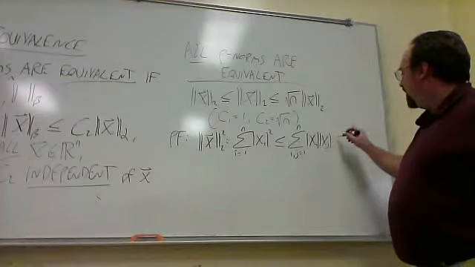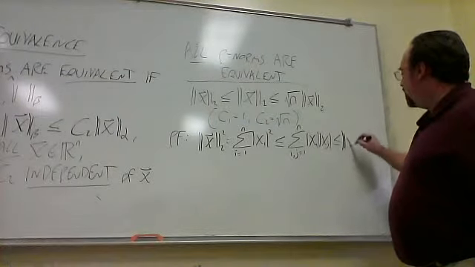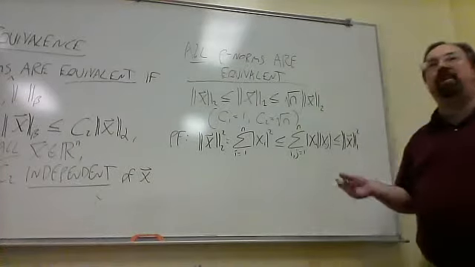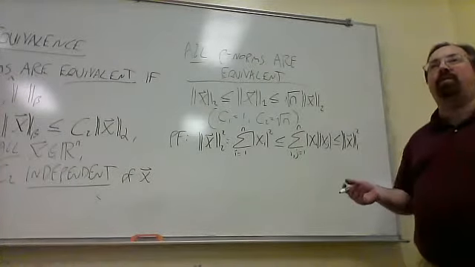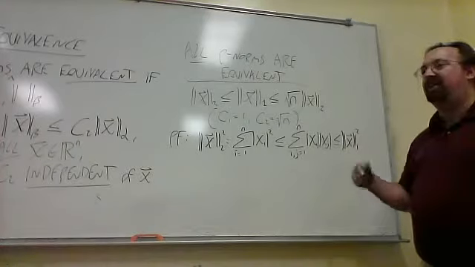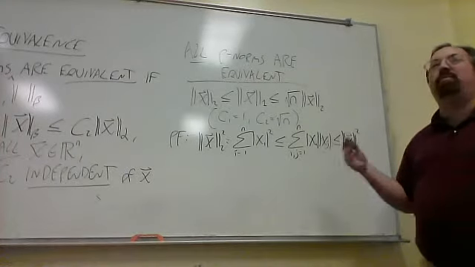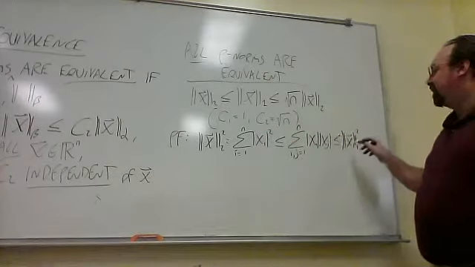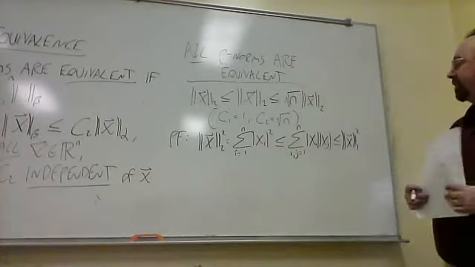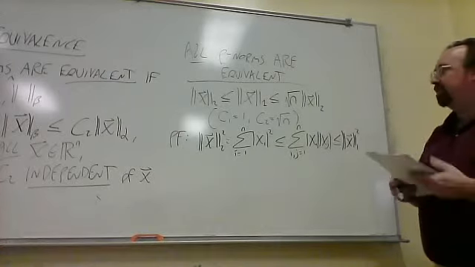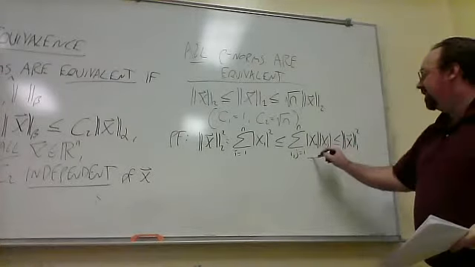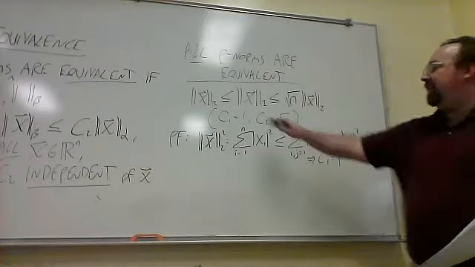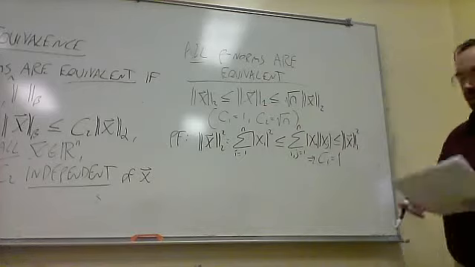But this turns out to be the 1 norm of x squared, because that's the sum of the absolute values of the components, and now I'm squaring that so we get all products of all possible pairs. So this shows that the 2 norm is less than or equal to the 1 norm. So that establishes that the lower bound constant is equal to 1. So I've taken care of this inequality.